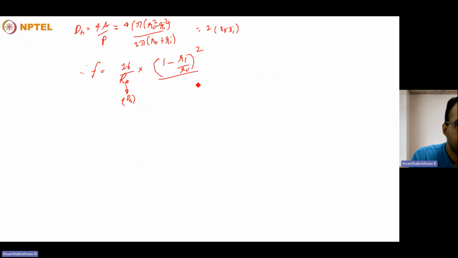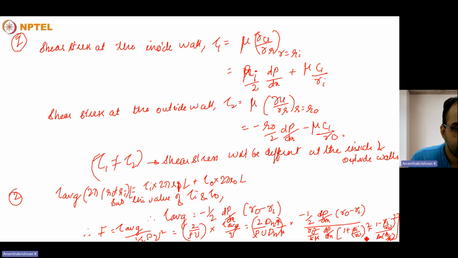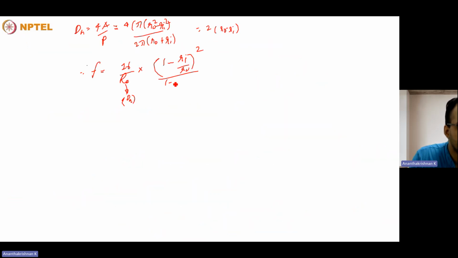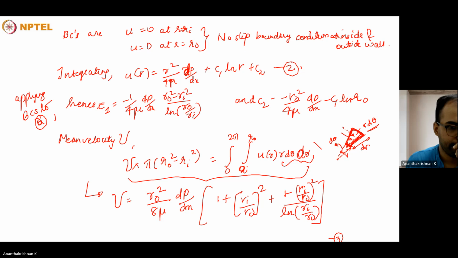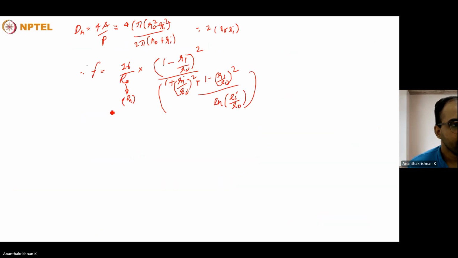The denominator will be kind of same: 1 plus Ri by Ro squared plus 1 minus Ri by Ro squared divided by ln of Ri divided by R outer. So this is the friction factor.